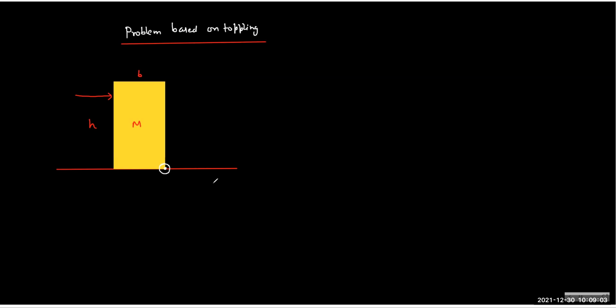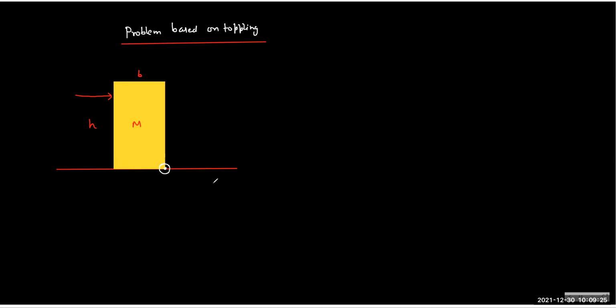Now every question of toppling is solved by assuming the system at equilibrium. So the way to approach such a problem is to imagine the system is at equilibrium.